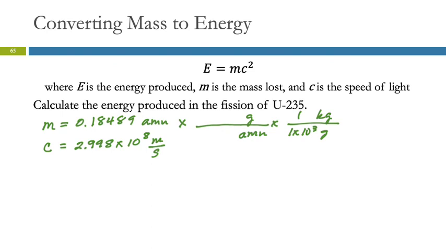I need Avogadro's number in here. One carbon-12 atom equals 12 atomic mass units. 1 mole of carbon-12 equals 12 grams.